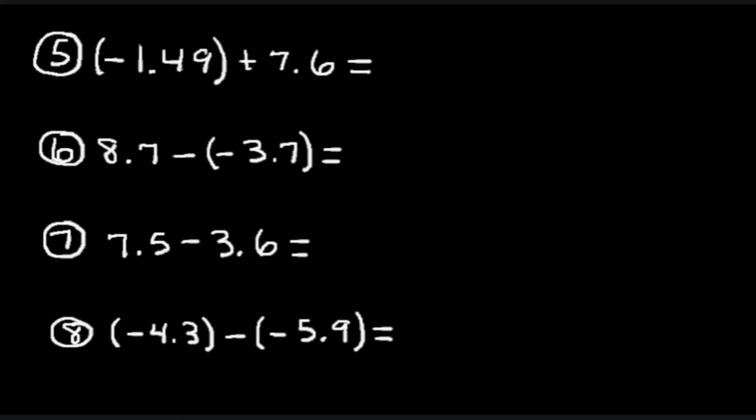Okay, so for number 5, we have negative 1.49 plus 7.6. Okay, so we know we have the larger value, 7.6, and we're subtracting 1.49 from it. Okay, so let's go ahead and plug that in. So we have 7.6 minus 1.49, and that's equal to 6.11.